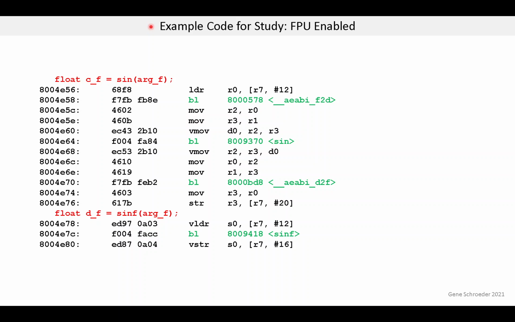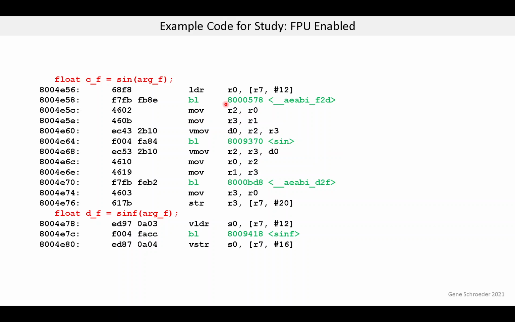So continuing on with the case where the FPU is enabled, we have this line of C code. And this is poorly written C code because this argf is a float, single precision float. We're passing it to sign, which expects a double and returns a double, but we're storing the result again in a float. So there's some extra code in here.